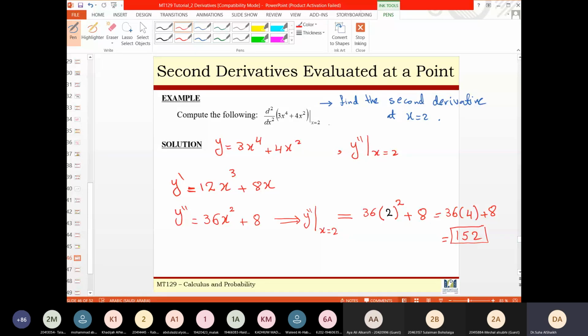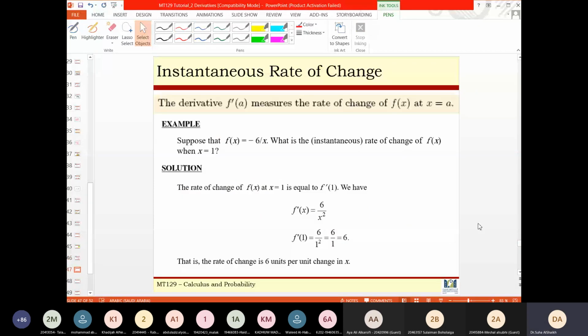Now we have what we call instantaneous rate of change. Simply, instantaneous rate of change means derivative at a point. See, derivative at a point, we call it instantaneous rate of change. This is also a tricky way. They don't tell us to find the derivative at a point. They say find the instantaneous rate of change at x equals 1.